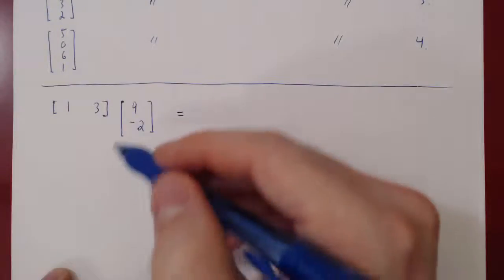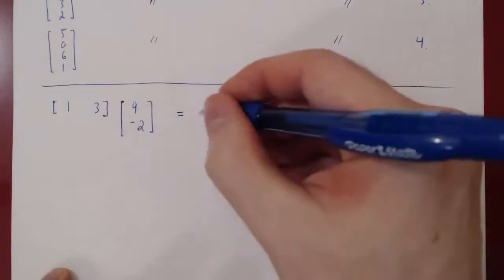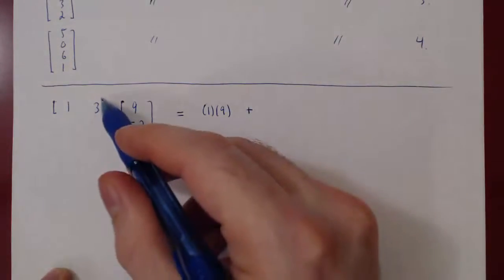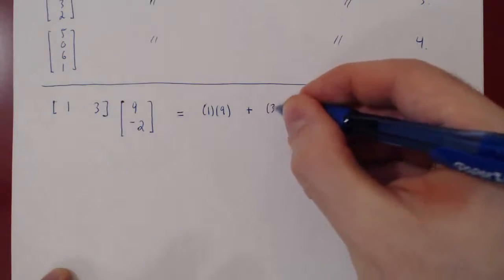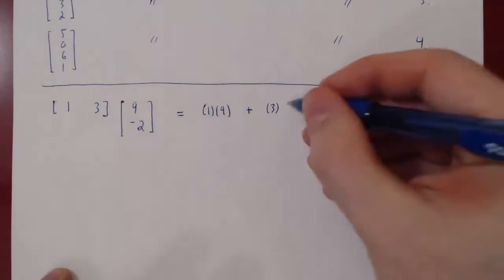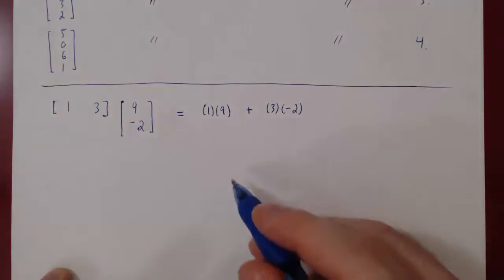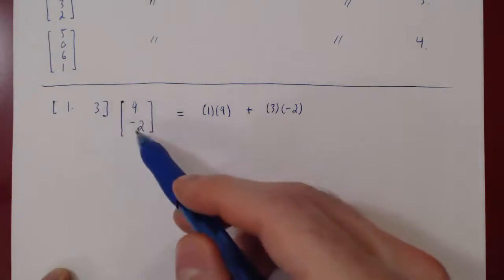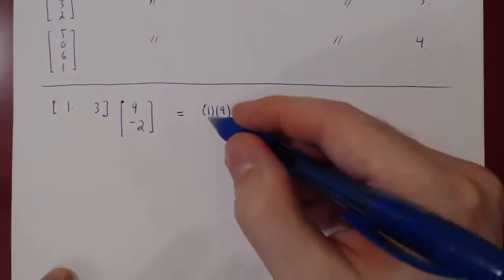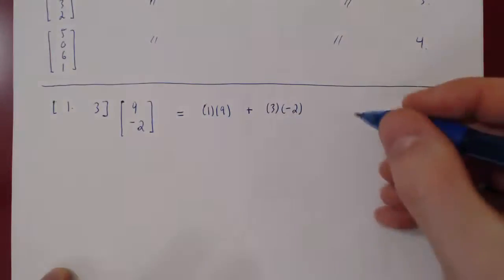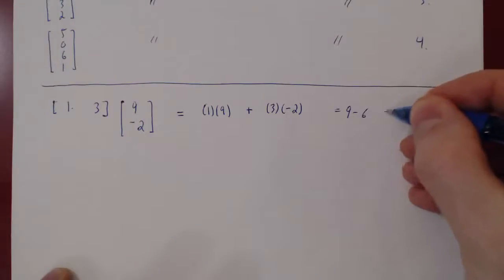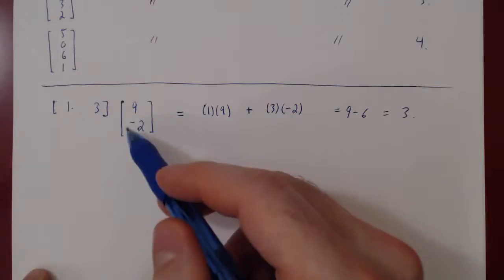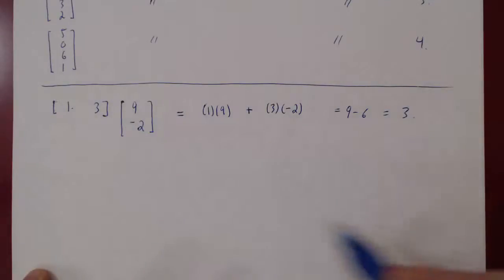So the first entry of our row matrix times the first entry of our column matrix plus the second entry of our row matrix times the second entry of our column matrix. So quite simply, we multiply corresponding entries, so first with first, second with second, and we add them up. So in the end we have 9 minus 6, which gives us positive 3. So the result of this multiplication, this row times this column, equals 3.